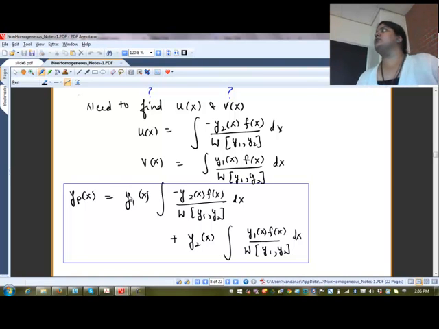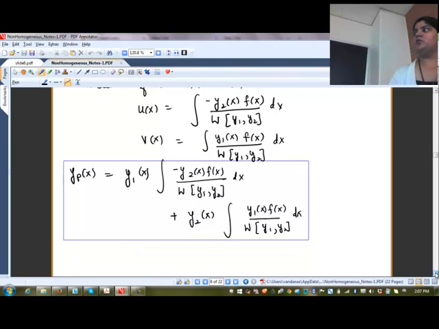So a particular solution will not involve any constants. Okay, so this is variation of parameters. A very straightforward method. Only sometimes this integration might be difficult to compute.